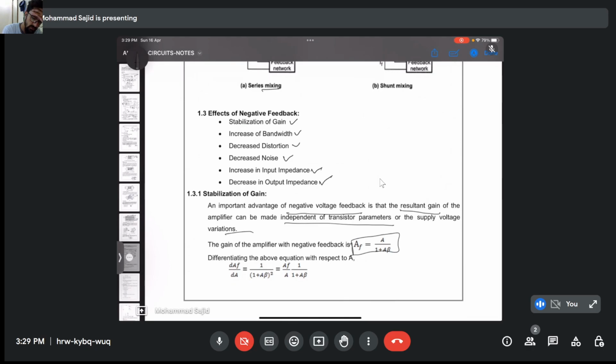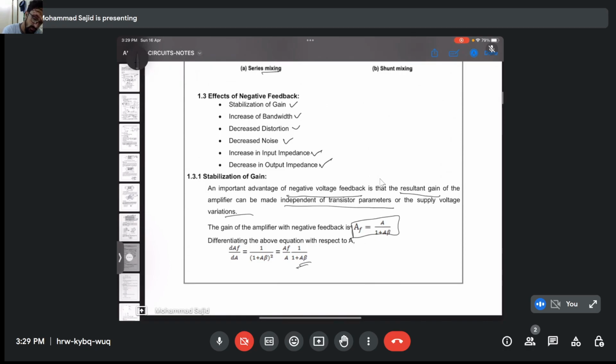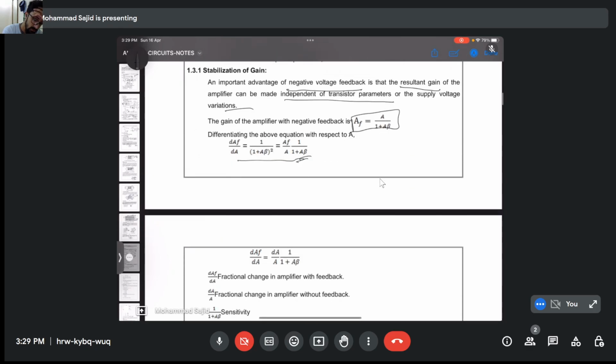The gain of the amplifier with the negative feedback is AF equals A divided by 1 plus AB. Now, if you differentiate this term, both sides by A, you will get this formula. dAF by dA is 1 divided by 1 plus AB. dA is the change in the intrinsic gain, and dAF is the change in the whole gain.